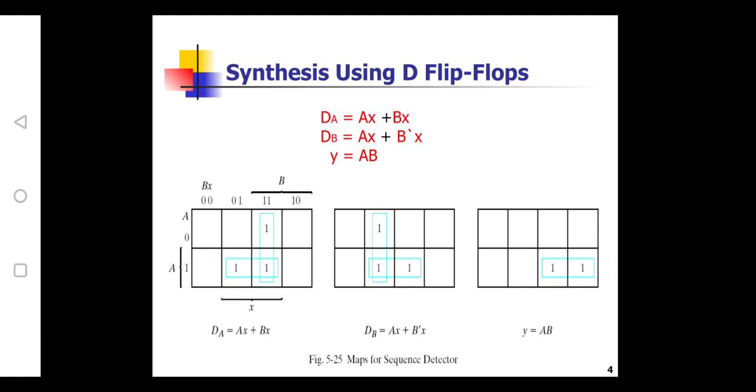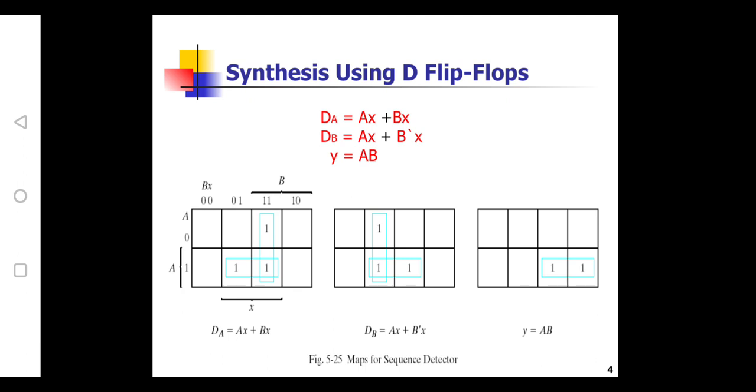Similarly, for the last one, which is the output, Y is equal to sigma m of 6, 7. Both 6 and 7 are adjacent to each other, which are present on a single row but two columns. The corresponding row is equivalent to 1 for the variable A, and two columns 1 1 and 1 0.